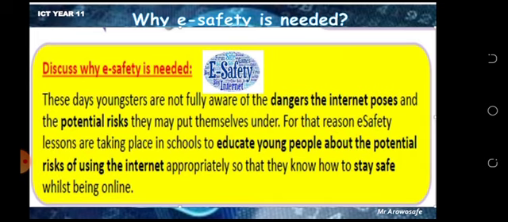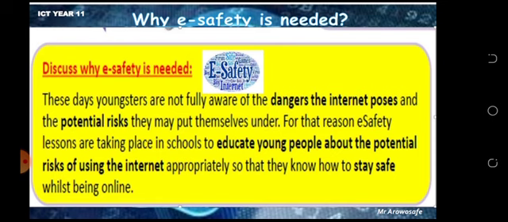Why is e-safety needed? These days, the younger ones are not fully aware of the dangers the internet poses and the potential risk they may put themselves under.